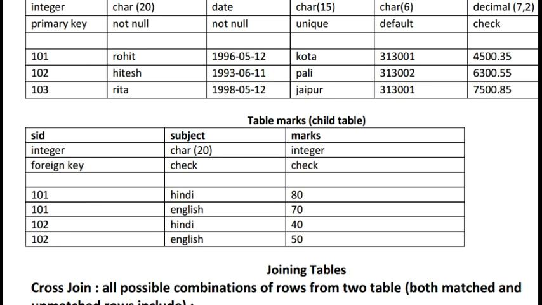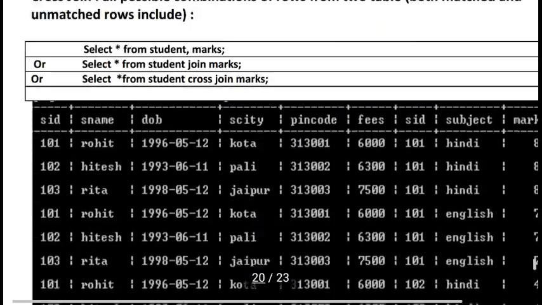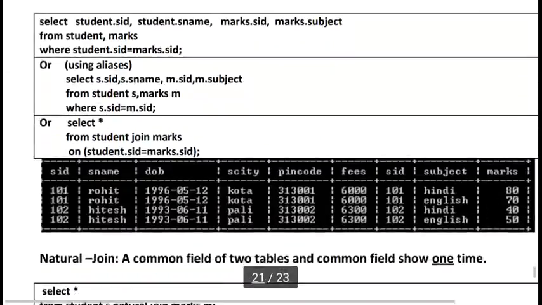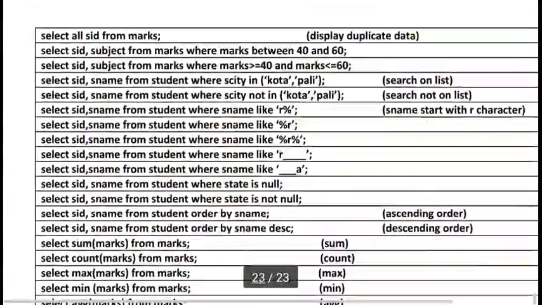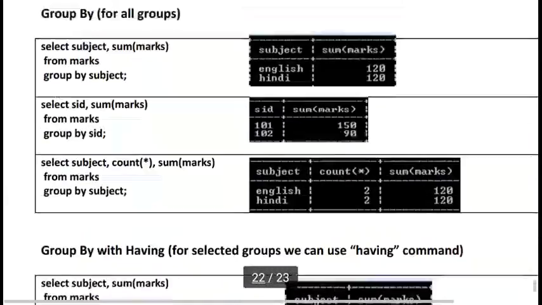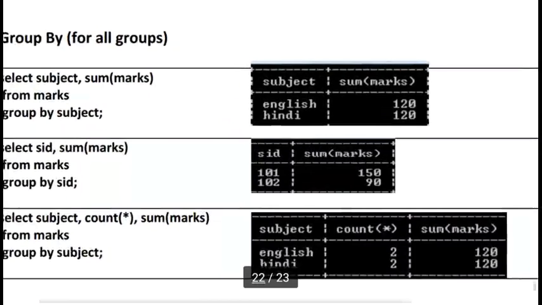So I want to group SID basis, subject basis. Okay, so we can also group our data on the basis of a particular column. So you can see group by command.